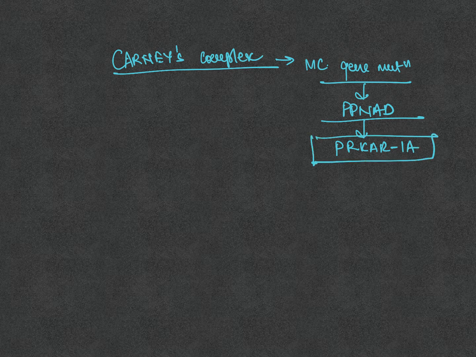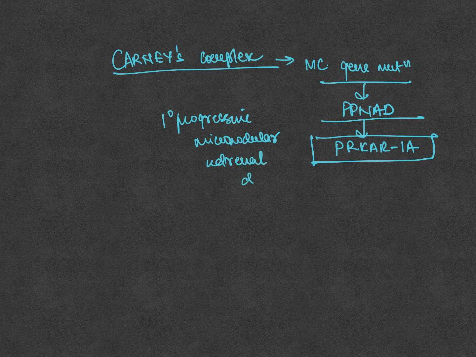PPNAD is primary progressive micronodular adrenal disease. Again, an ACTH independent cause. Okay.